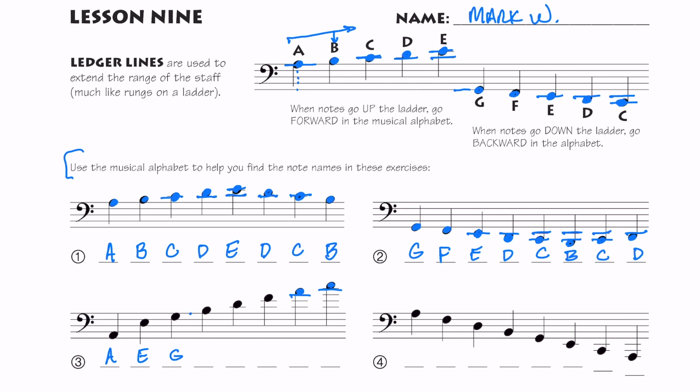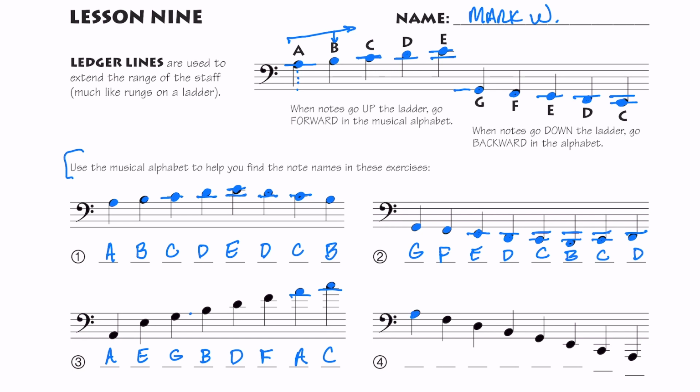The top one is A, so this is a B. I skip C, this is a D. I skip E, this is an F. I skip G, this would be an A. I skip B, that would be a C. So you see how if I'm going space to space to space, I'm just skipping a letter in between.